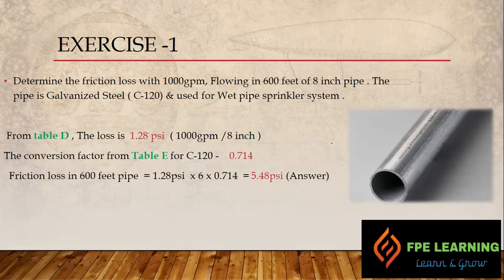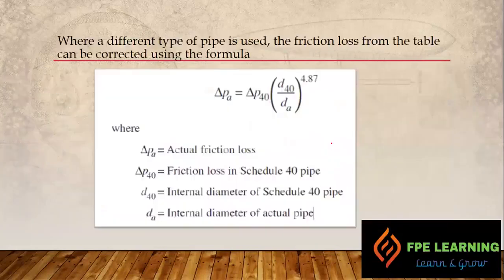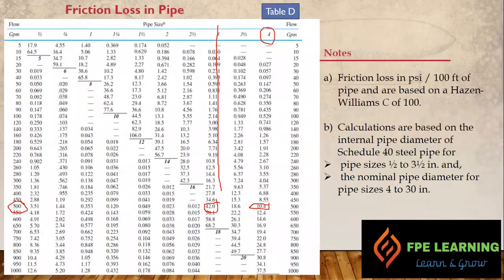Let's go back now. What is the flow? The flow is 1000 GPM, and the pipe size is 8-inch. This row is half inch, 3, 4, all the way to 4, and after that we have 5-inch, 6-inch, 8, 10, 12, 14, 16, 18, and so forth.